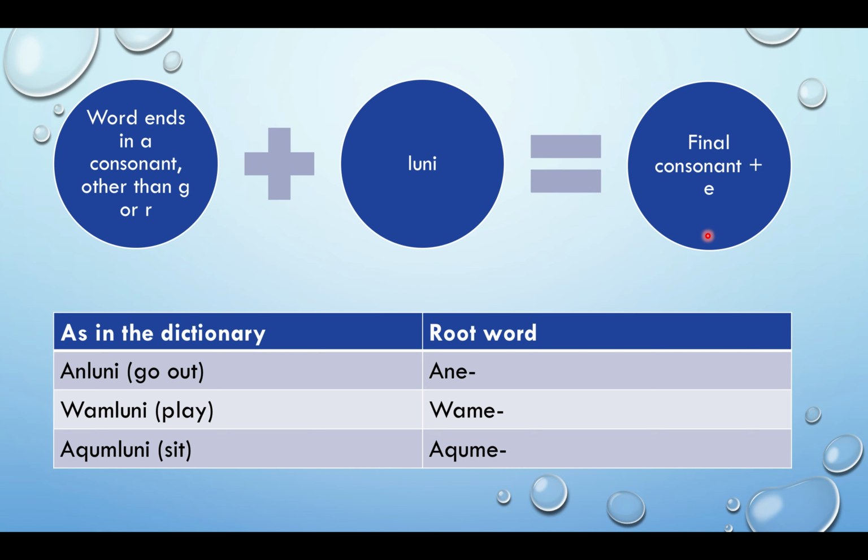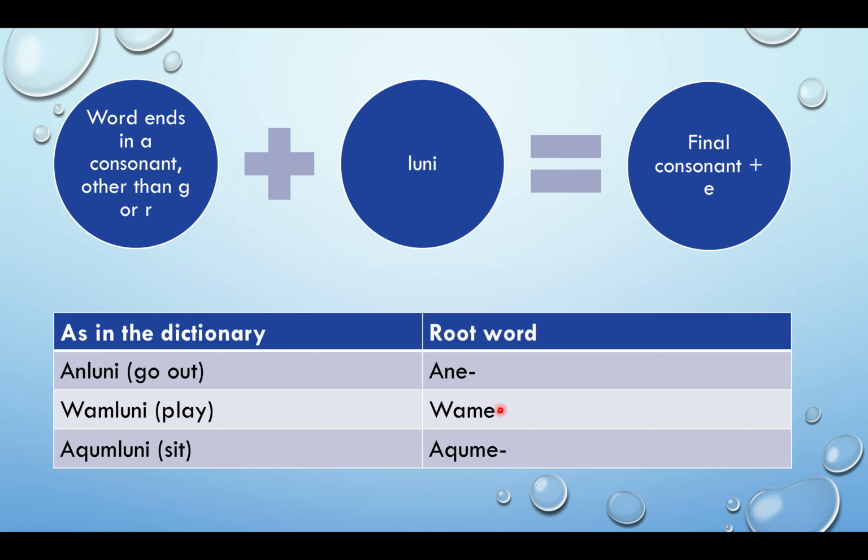Then there are words that end in consonants other than G, although there aren't many of these. I had to really search through the dictionary. So we have anluni, and the word ends in a consonant other than a G plus a luni, so what we do is we just drop the luni and add an E. So the final consonant will stay before the luni and we add an E. So anluni, you take the luni away, add an E and it's an.